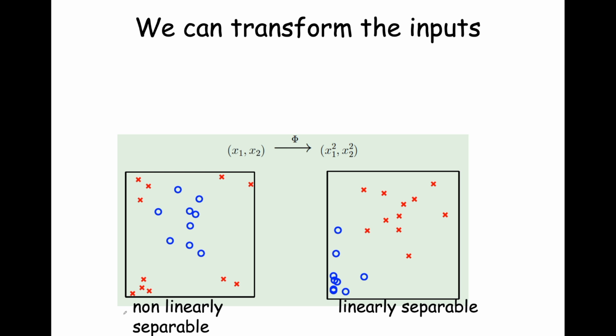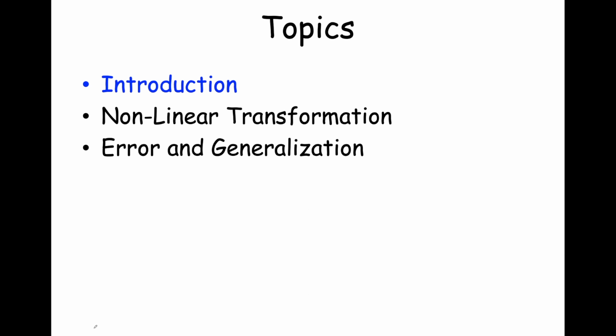And now with this transformation, our blue points and red points become linearly separable, and therefore PLA can find the final best hypothesis that perfectly coincides with the unknown target function.